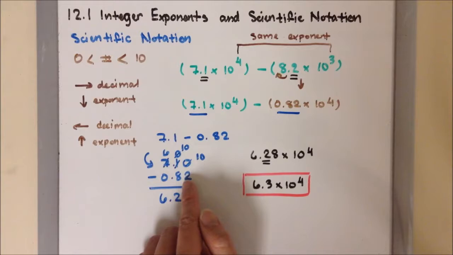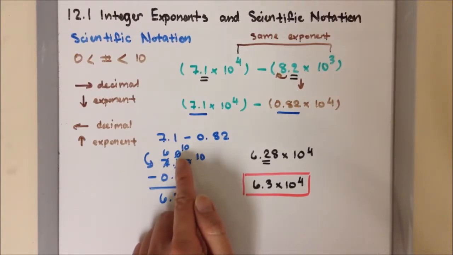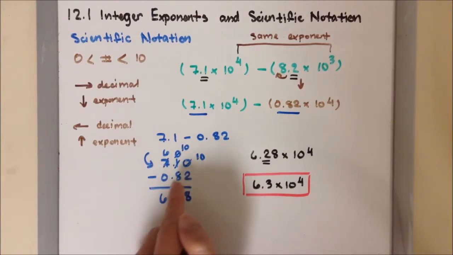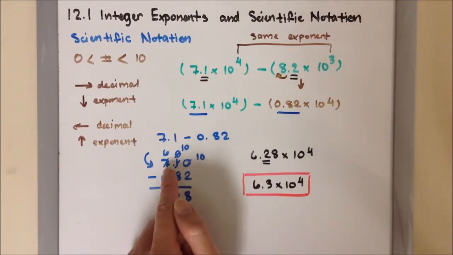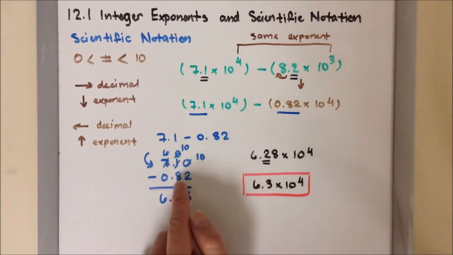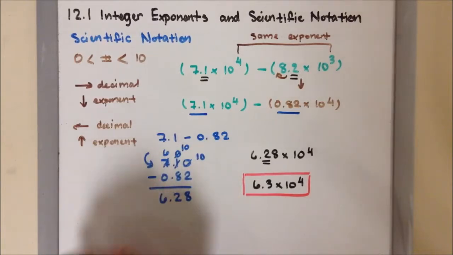After that, I'm doing the same thing again because now it's 0 minus 8. So I change the 0 into a 10 again and then take 1 away from the number that's in front. So I change 7 into 6. And then I'm able to subtract. And again, all of this is just middle school stuff.